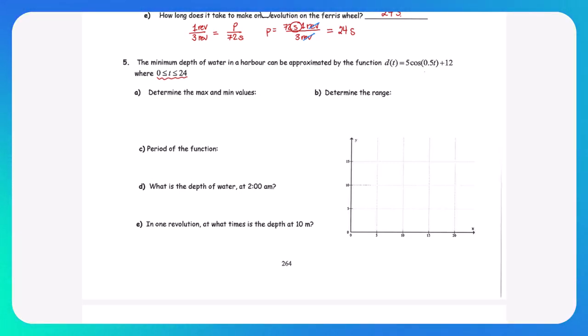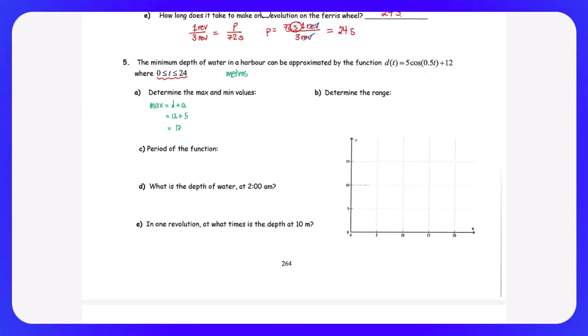Well, we know to find a max, we're going to take the d value and add the amplitude. And in this particular equation, the d value is 12, the a value is 5. So our maximum value is 17, but because this is in context, I'm going to pretend they told us that it was in meters.